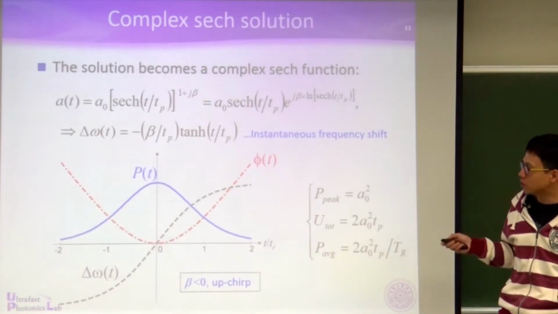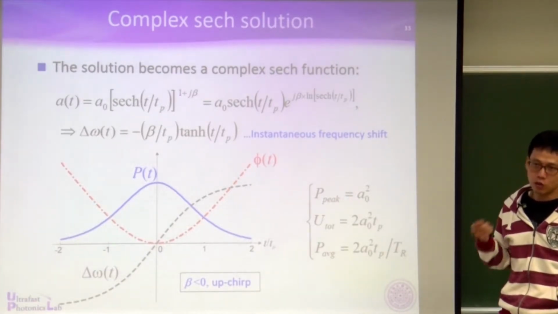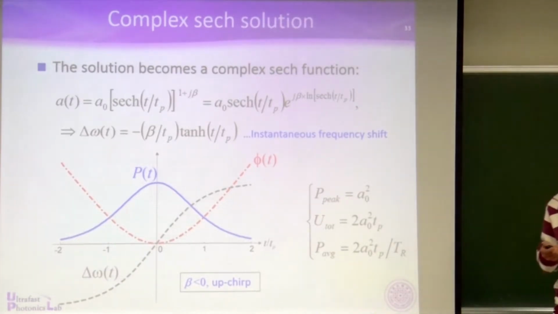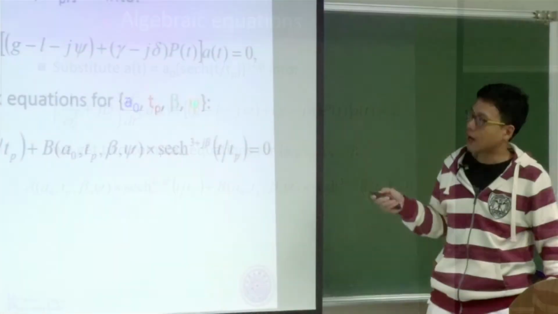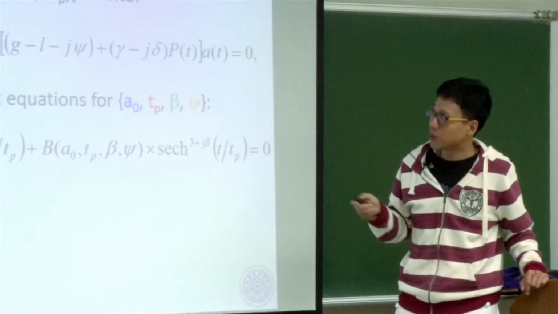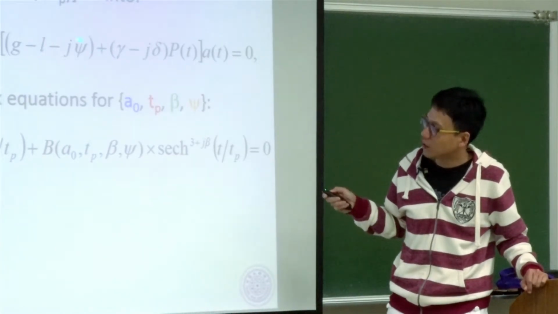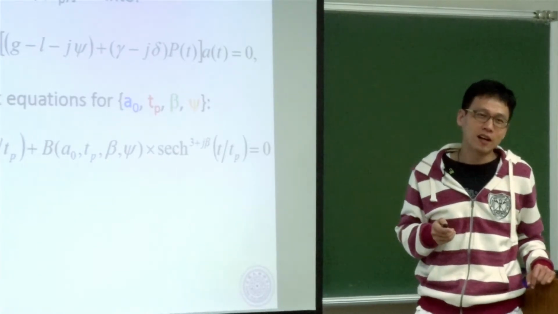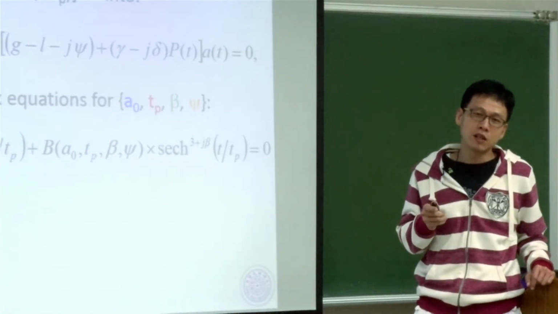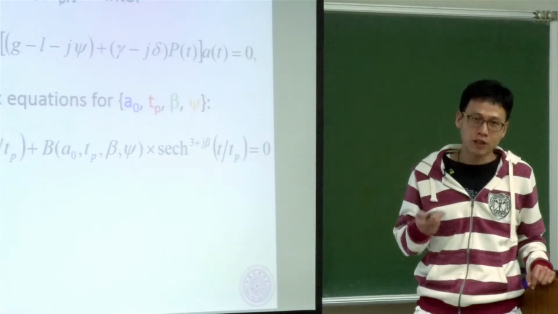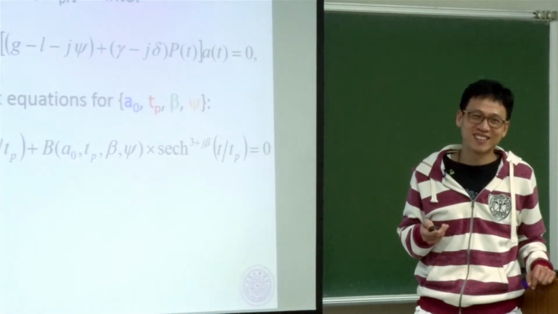So beta determines your phase or your instantaneous frequency change. And what is psi? Psi is not here, right? But psi is in the equation. That is the CEP shift in your laser system, okay?